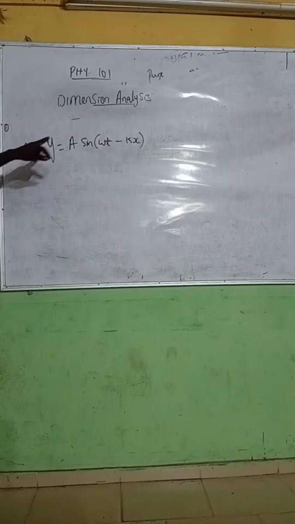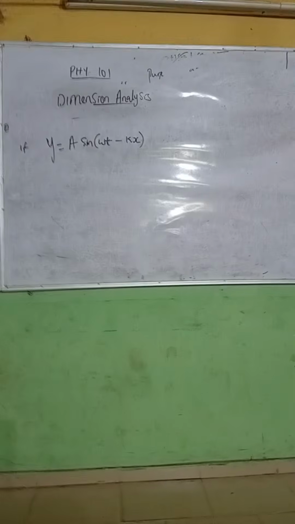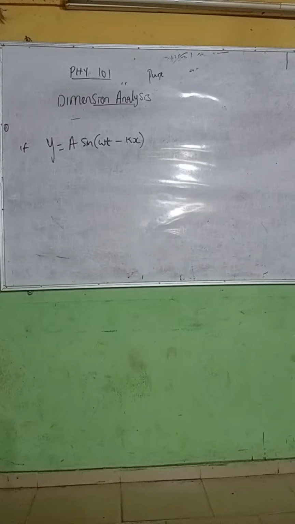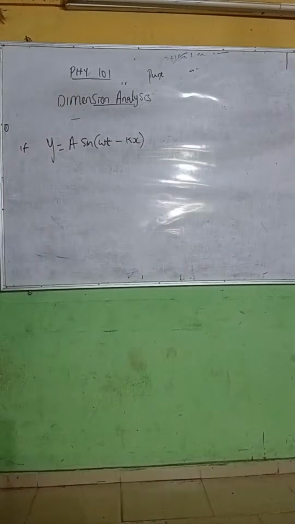And the dimension for A? What is the dimension for A and K, where W is in kg and y is in meters?